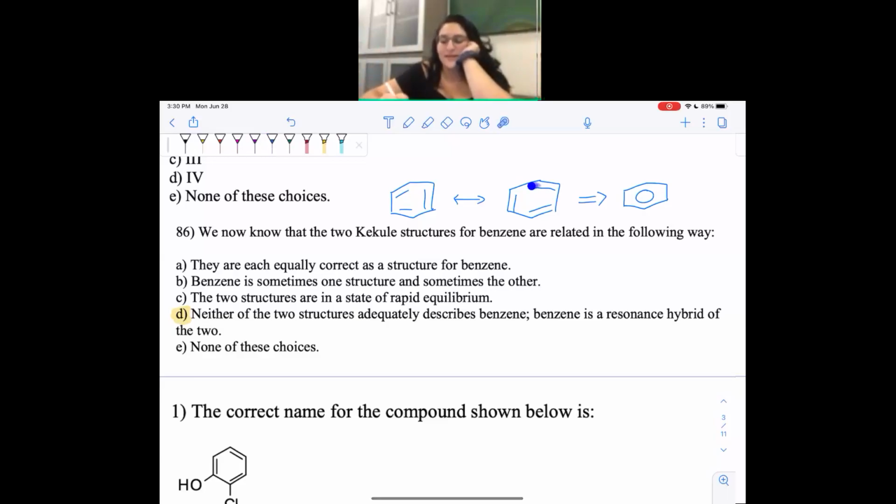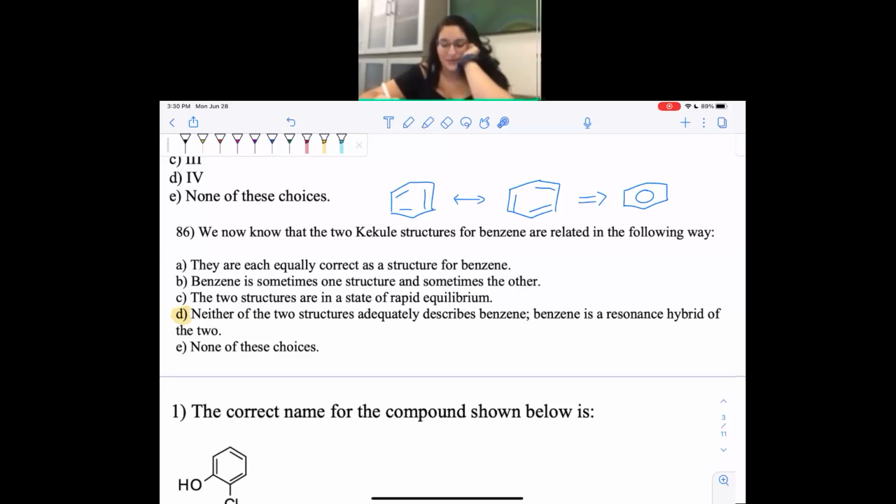And that means the electrons are delocalized around the whole ring, right? And what this means is technically neither of these two are correct because the electrons are constantly moving. So neither of these is an accurate representation. This is more of an accurate representation.